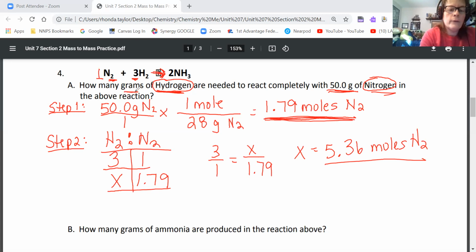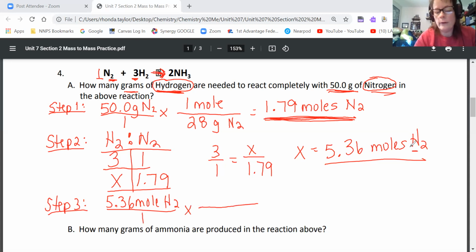And it's asking you for grams. So this is why we got to convert that back to grams. Step 3. All right, we know we have 5.36 moles of H2 over 1. And H is 1 on the periodic table. And since you have 2 of them, 2 times 1 is 2.